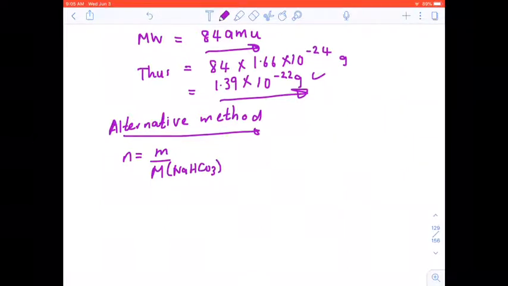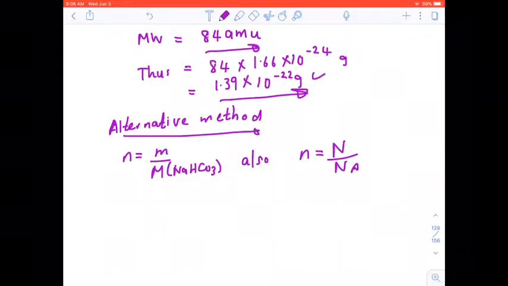But we also know that n is equal to N upon Na, which I showed you earlier.